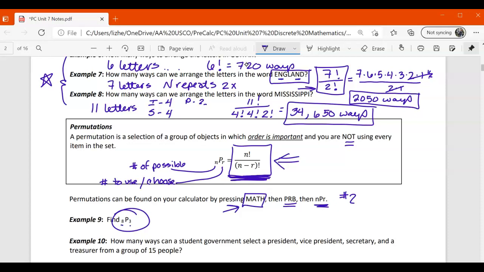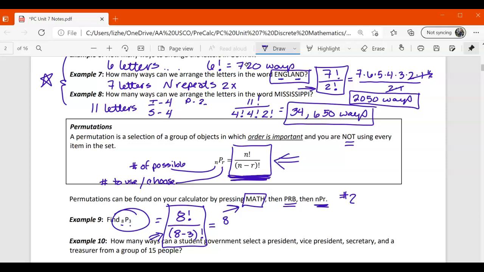And remember, anytime you do this, you're going to write it out. So this would be 8 factorial divided by 8 minus 3 factorial. That's what your permutation is. So make sure you write down this little fraction, then use your calculator, and you will get 336 ways.